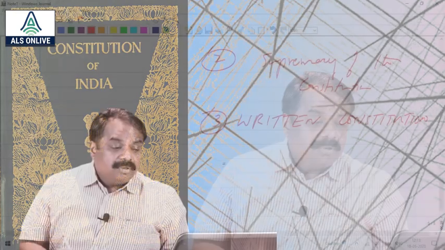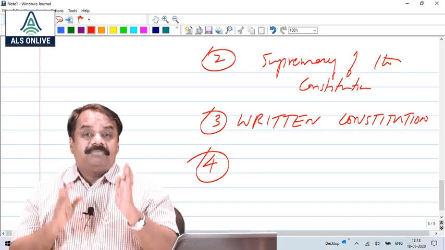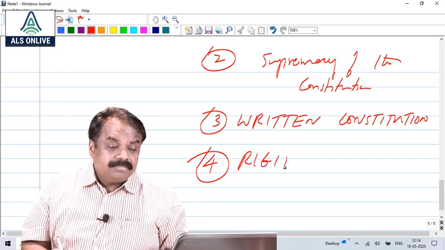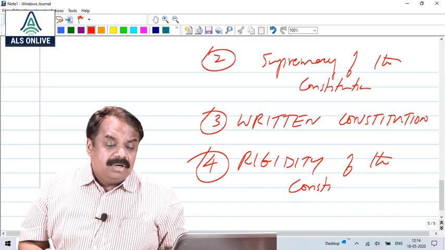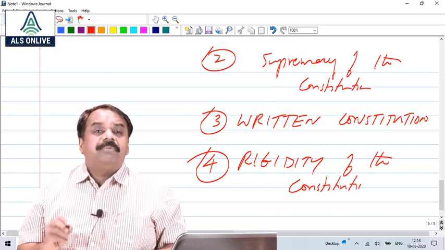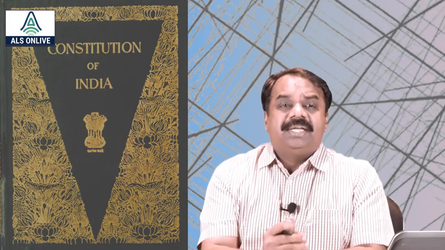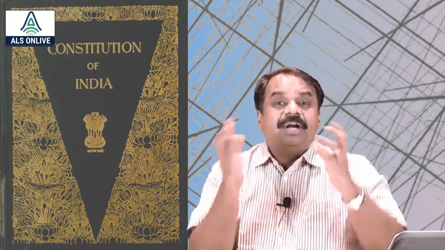And a fourth very important component of our federal principle or a federation is the rigidity of the constitution. This word rigidity should not be understood in a different sense. Normal rigidity is something very rigid, difficult to change.